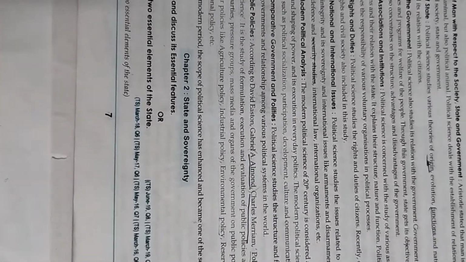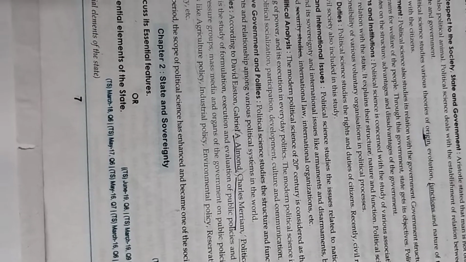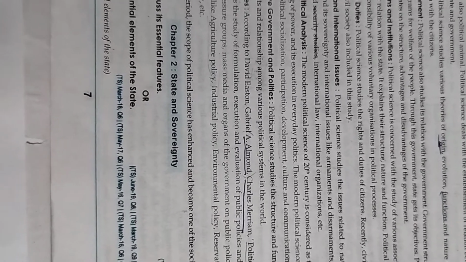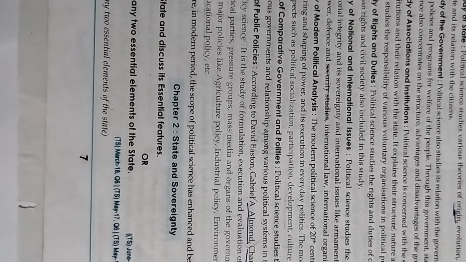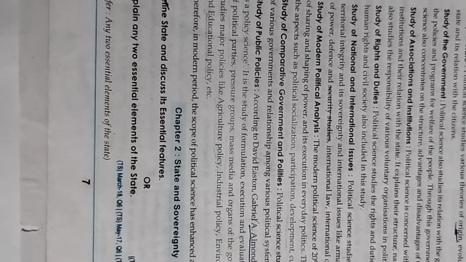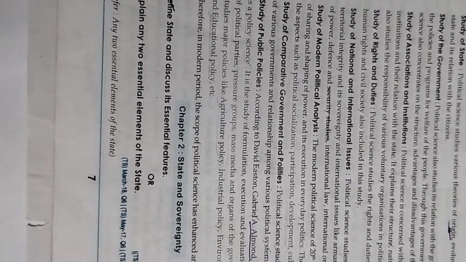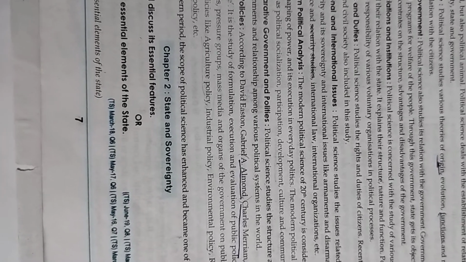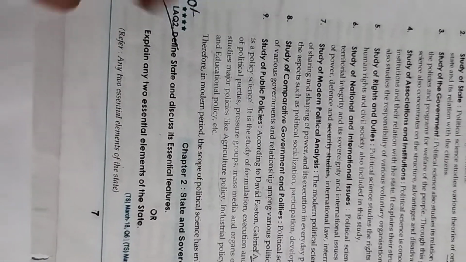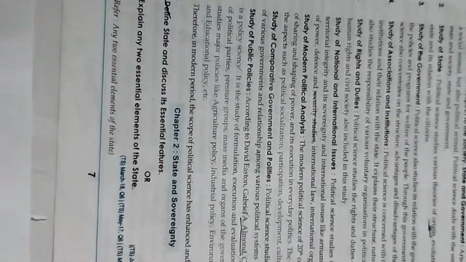It studies how the political systems work in the world and what the relations are between the Indian government and international governments, and all those studies about the political systems in the world also. And next, last and final, study of public policies.